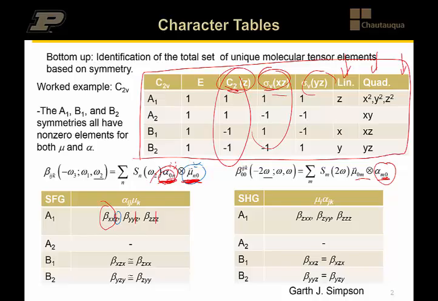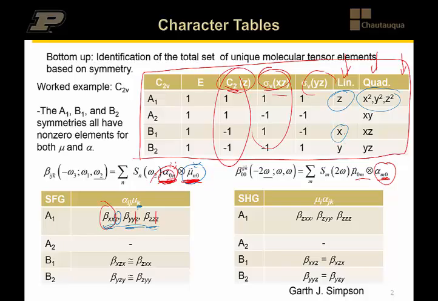And so if we look at this A1 transition, we can see that the mu has to be Z-polarized, and that means this k, corresponding to the transition moment polarization, must be Z, and that's why every single one of these three ends in Z. And then the left two can be either XX, YY, or ZZ, and that gives us beta XXZ, beta YYZ, and beta ZZZ.